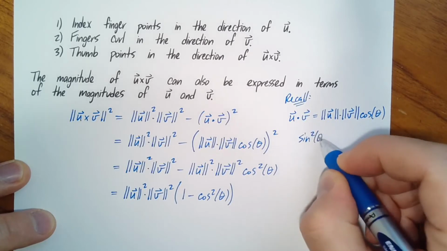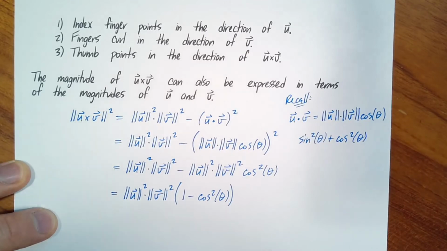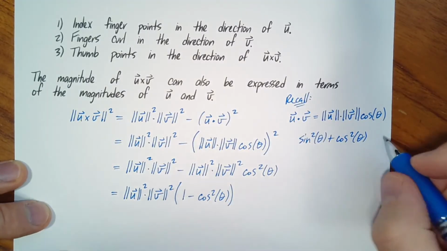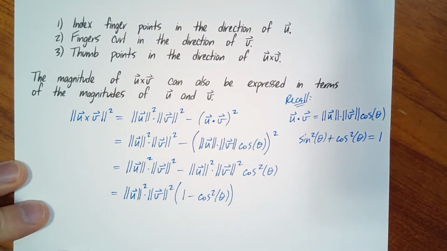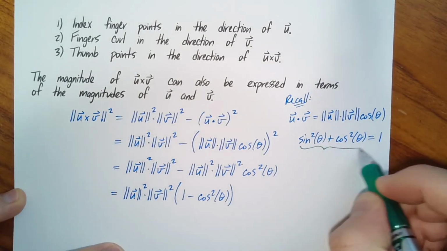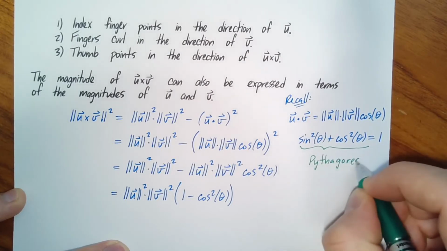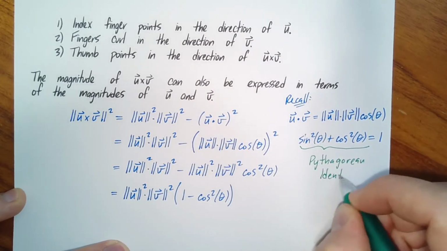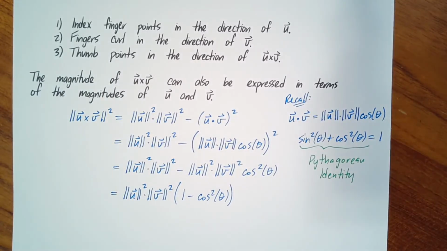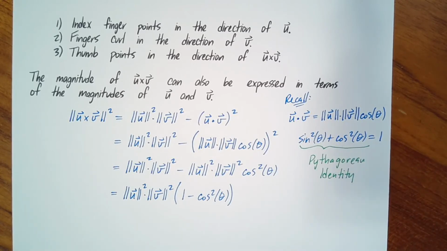And another thing that we're going to take advantage of is the Pythagorean identity for trig. If you don't remember this, no problem, I'm just going to remind you of it now. Sine squared of theta plus cos squared of theta is always equal to 1. This is called the Pythagorean identity. So we can use that here. What would happen if I subtracted cos squared to the other side of the equation? I'd have sine squared of theta is equal to 1 minus cos squared of theta.